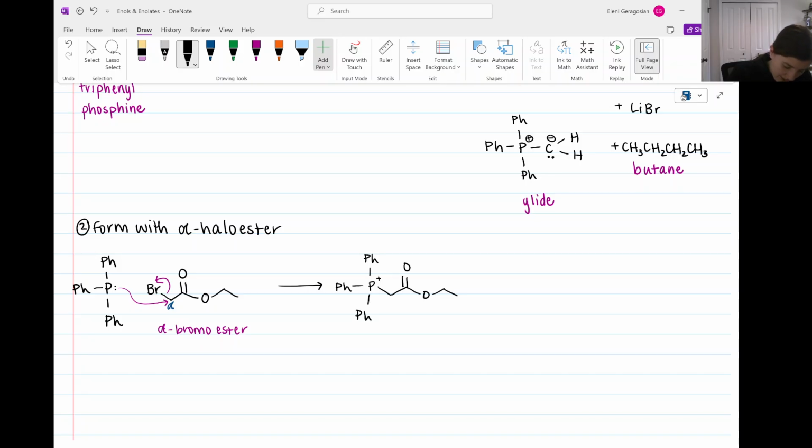And we have a positive phosphorus. Now, again, we need to remove a hydrogen from the alpha carbon to produce the carbanion. Now, remember, if we have an alpha carbon, those hydrogens are more acidic. They're slightly acidic. So we have acidic alpha hydrogens here.